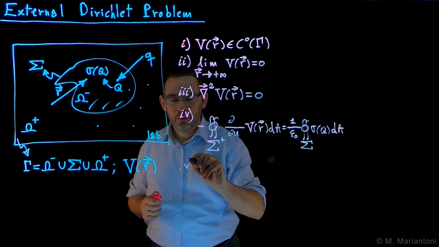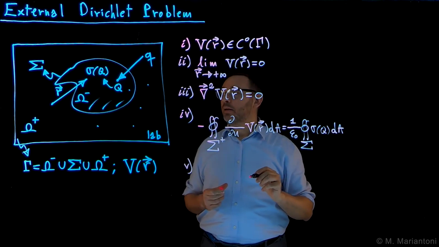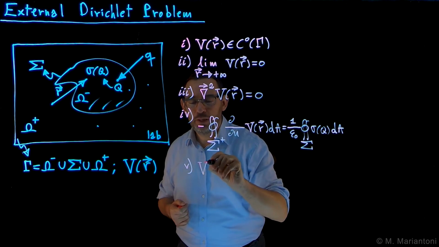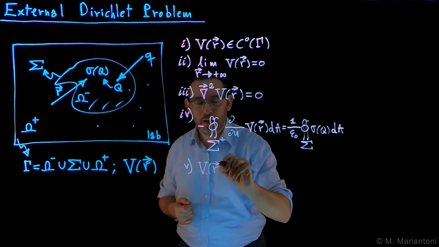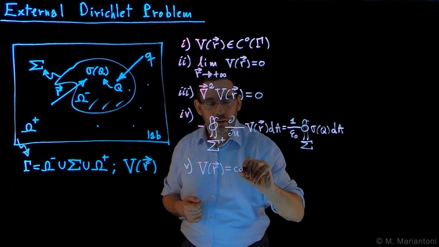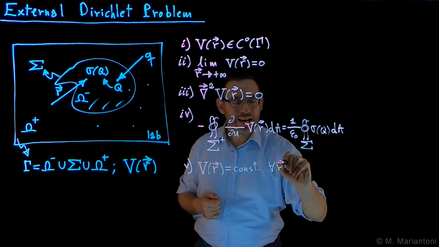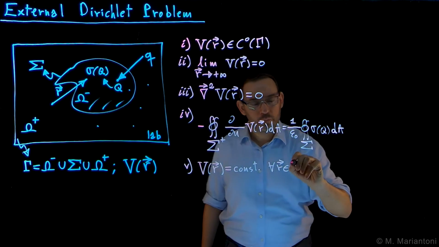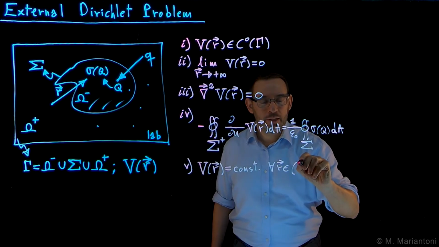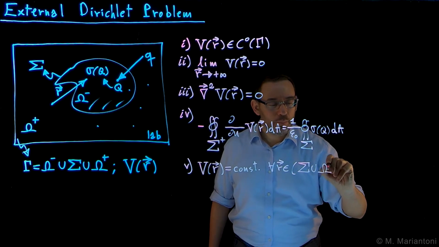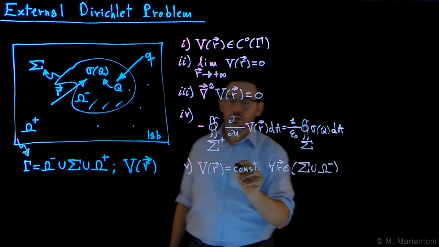Lastly, we must impose that the electrostatic potential V at any point R, which is part of the union between the surface capital Sigma and the bulk of the conducting object, has to be constant.